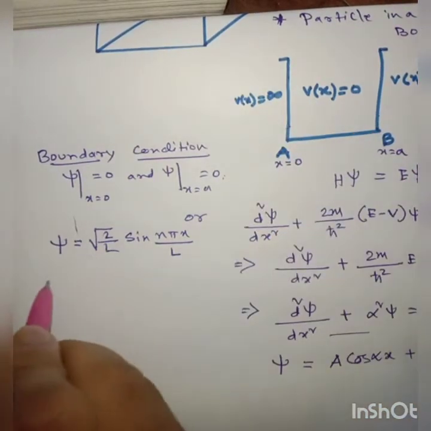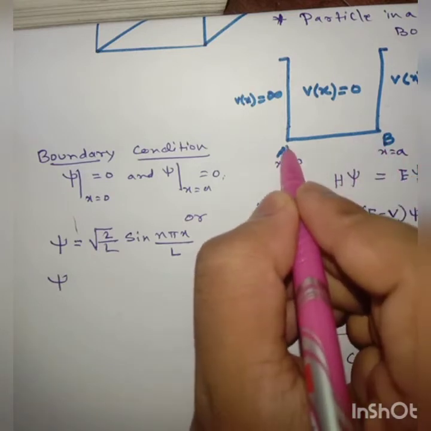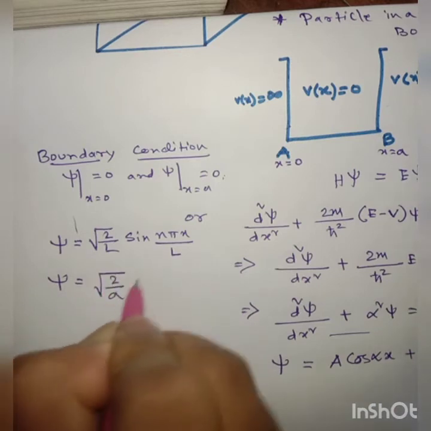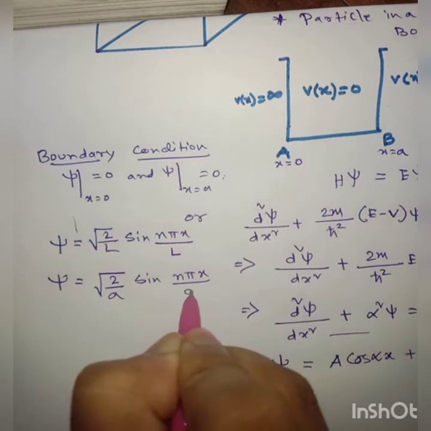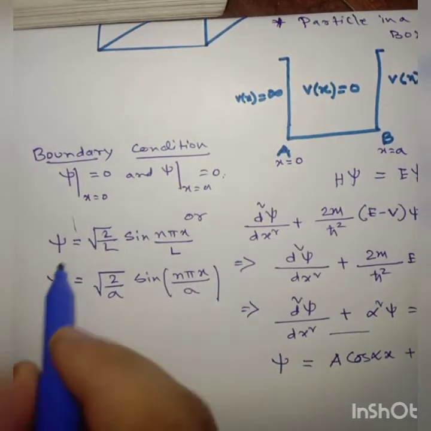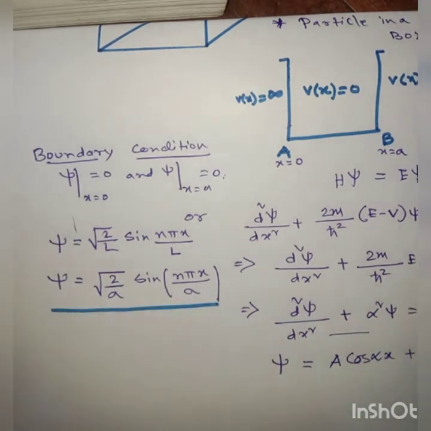In our case the width is a, as you can see that it is from x equals 0 to x equals a, so we can write root over 2 by a sin(nπx/a). So this is the wave function of a particle in a one-dimensional potential box.